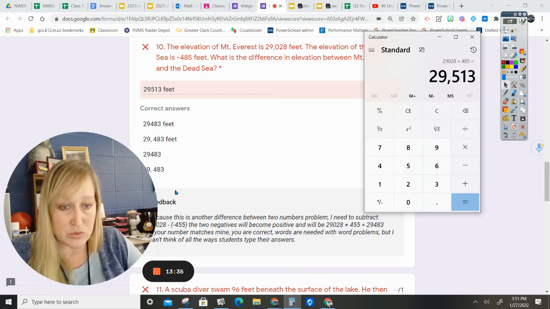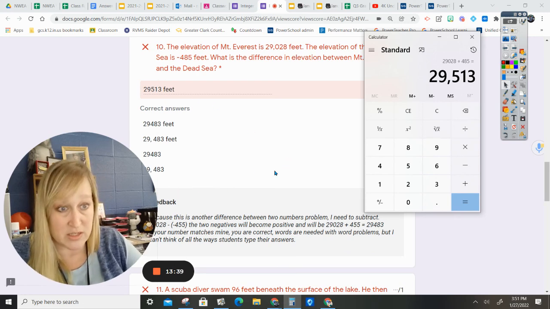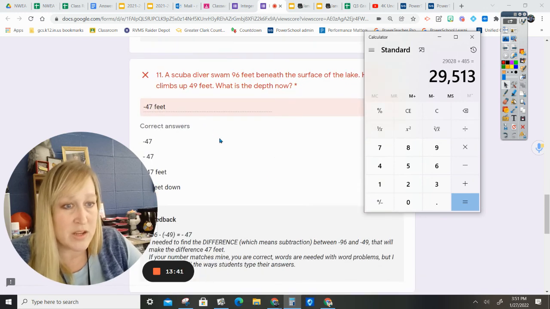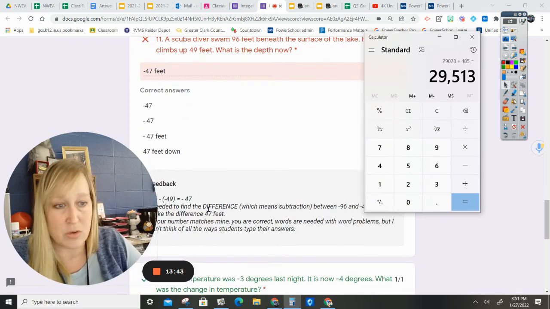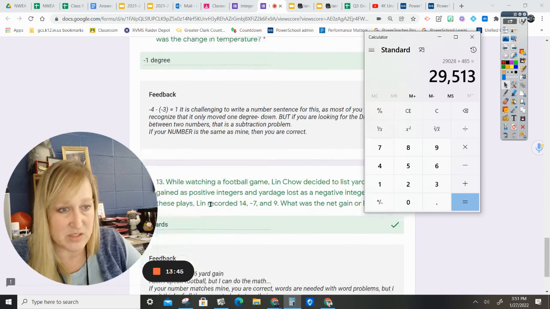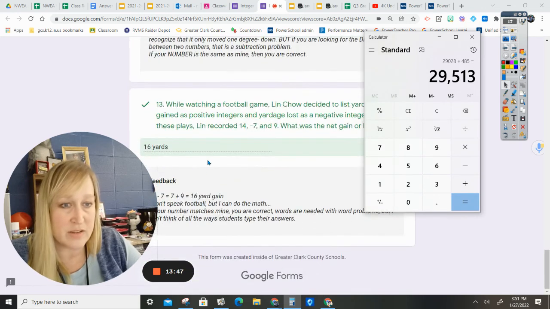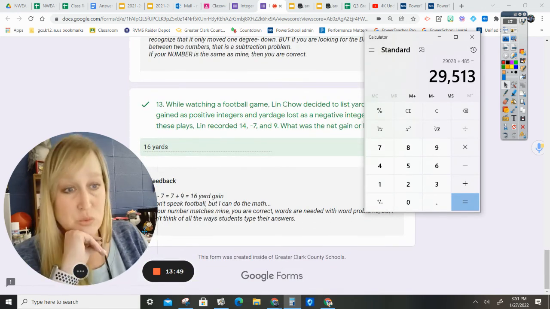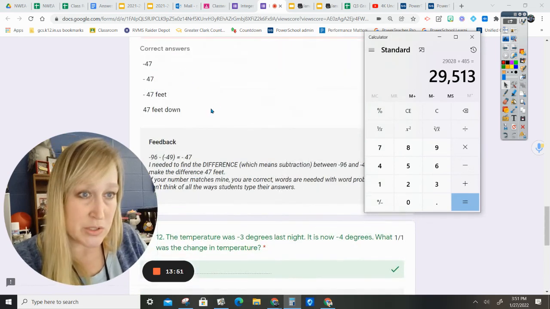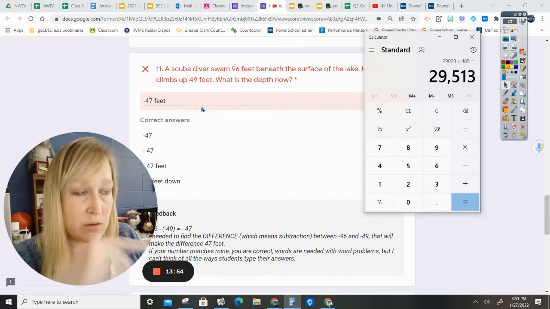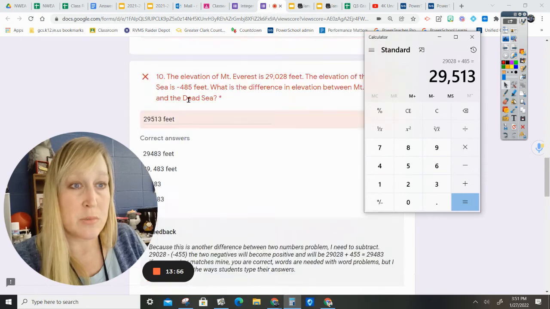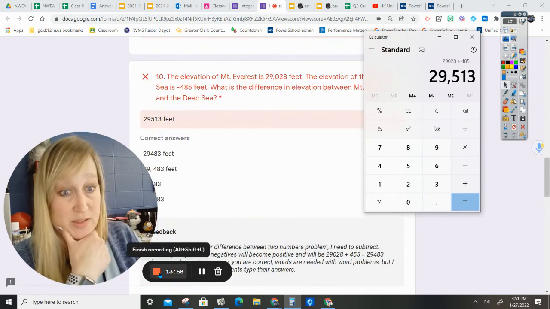So I will go fix that before you guys take this quiz. So this is the correct answer. This one right here, I must have typed something wrong. So again, it looks like I'm correct. I just typed something wrong. That one's correct. That one's correct. So I will make sure that your number 10 is corrected by the time you guys get to this.